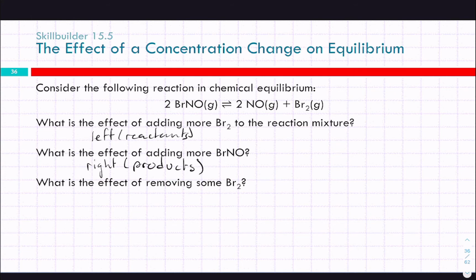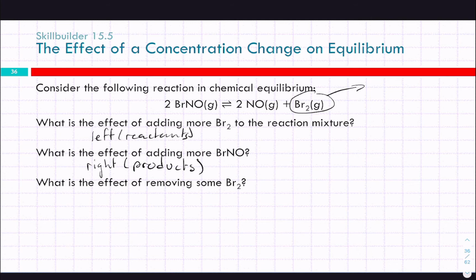What happens if we remove some bromine? If we remove some of our product, which way will the reaction shift? It'll shift to the right.